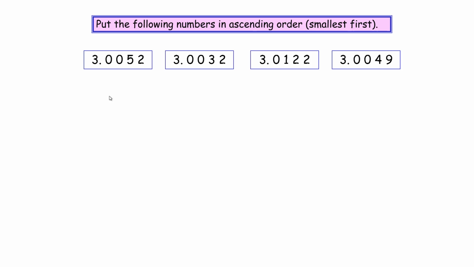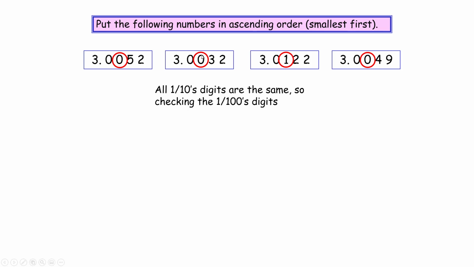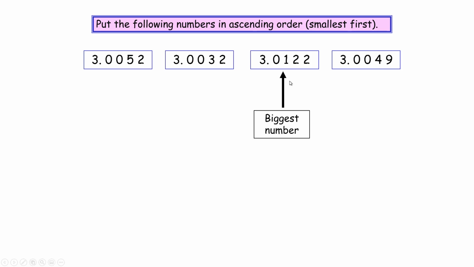Okay, so in this example, we got put the numbers in ascending order again, smallest first. Always read the instructions. We got 3 digits in each of them. So we check our tenths column. They're all zeros. So we check the next one, which is our hundredths column. And 3 of them have got 0 in there, but this one has got a 1 in there. So that's our biggest number.